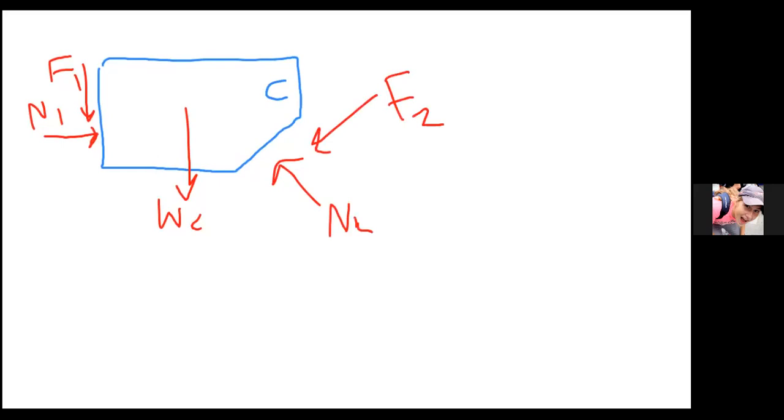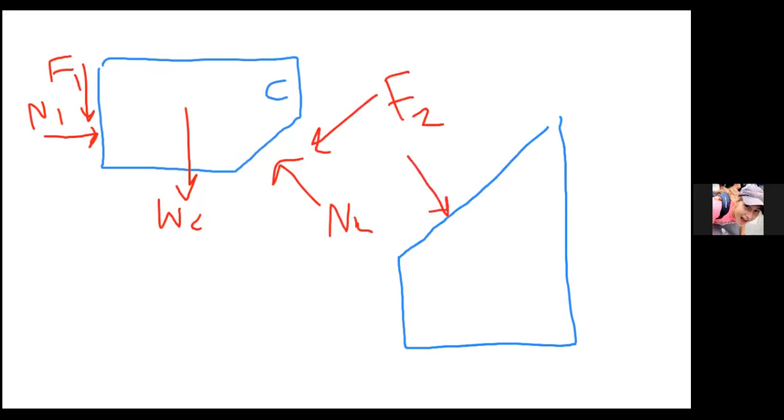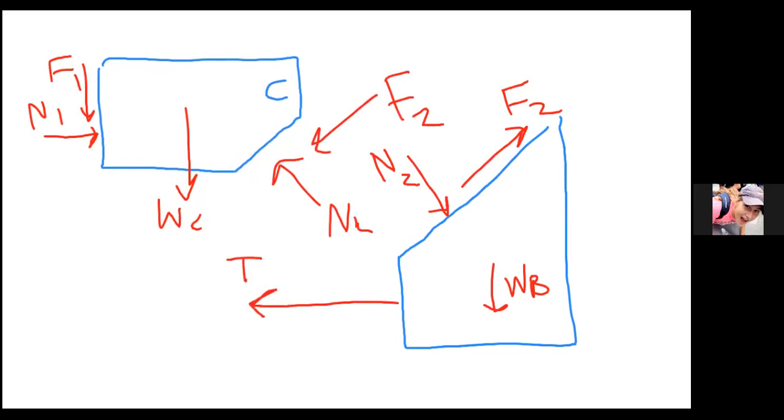And then for block B, the pictures end up kind of using each other because we both have this N2 and F2 as well. There's also the weight of the block. I have the rope pulling, which is the tension 1, which is ultimately the force that we're going to need to take out of these free body diagrams.